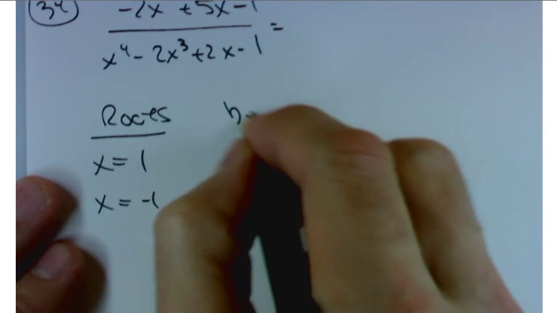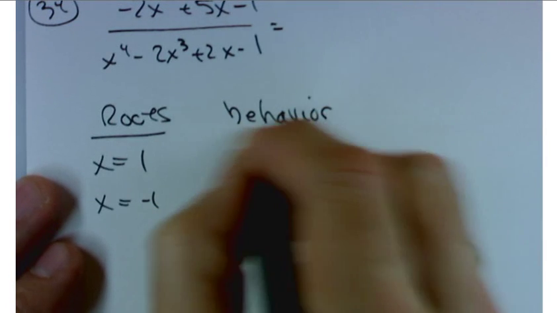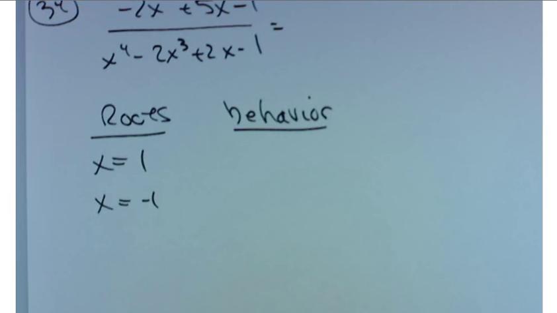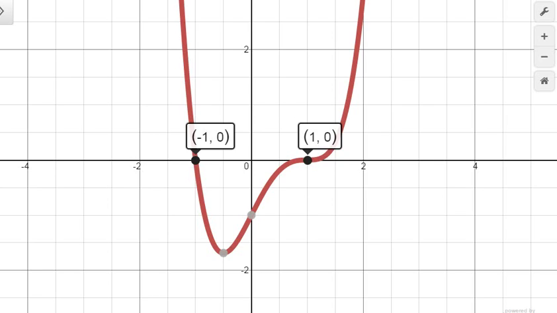Let's take a look at the behavior of those roots. So at x equal negative 1, what kind of behavior do we get? Straight through.